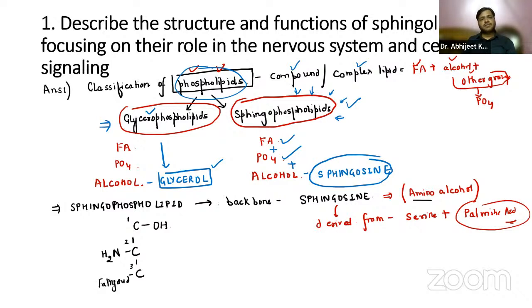Now this above part is basically the sphingosine, right? So that is something you have to remember. And just to balance it, you have to remember it is an OH group.